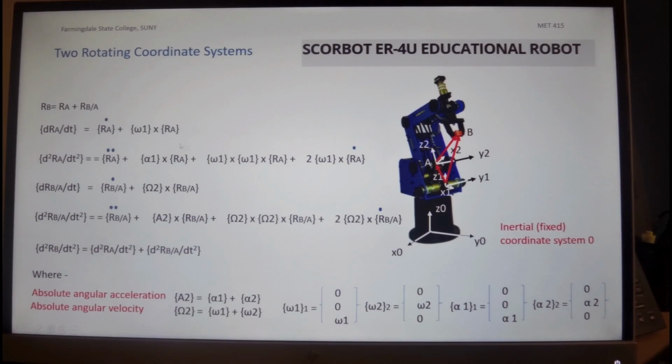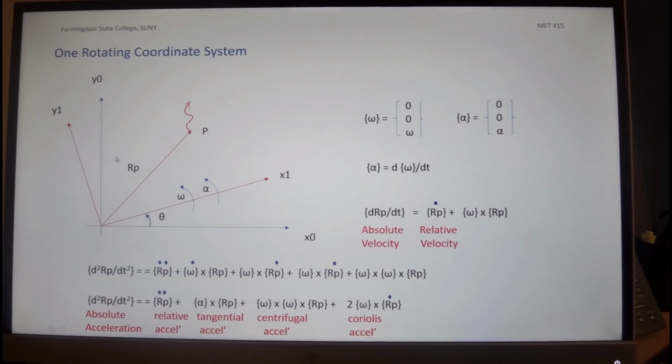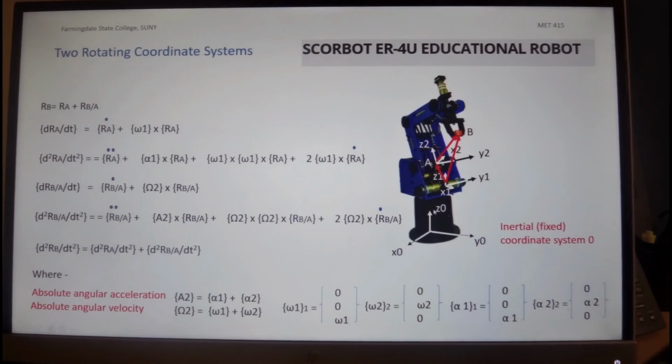If we look at the acceleration of point A, we use the same formulation as we had before, this formulation over here at the bottom, and we get RA double dot plus the tangential acceleration plus the centrifugal acceleration plus the Coriolis.